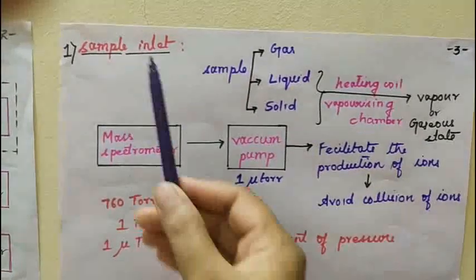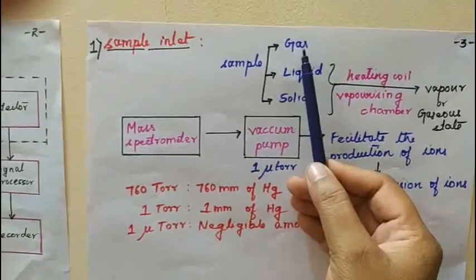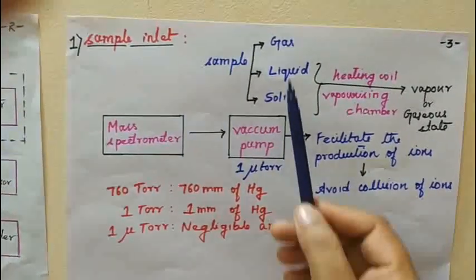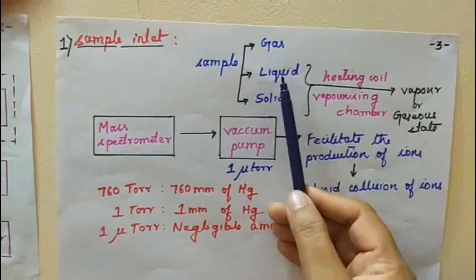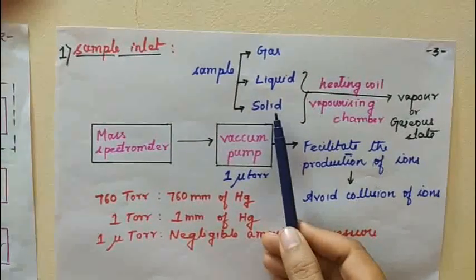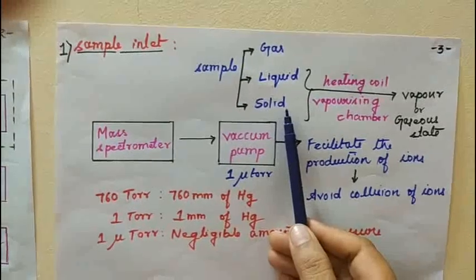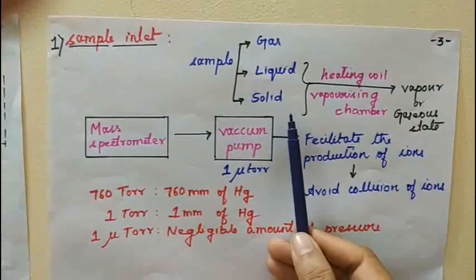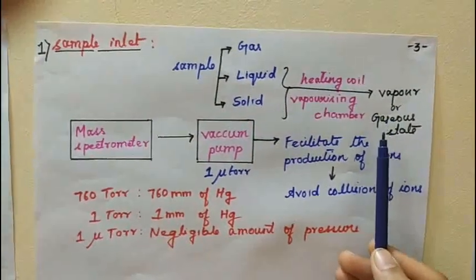In the first unit, that is the sample inlet, the sample may be taken in gaseous, liquid or solid form. If the sample is in gaseous form, there is no problem, but if the sample is liquid or solid, then we cannot bombard it with a beam of energized electrons. Therefore, we have to convert liquid and solid to the vapor or gaseous phase.